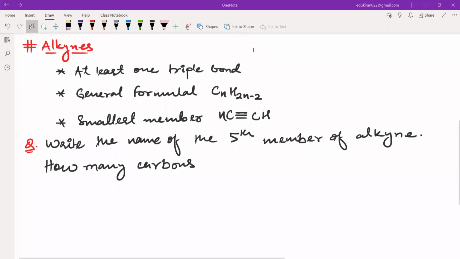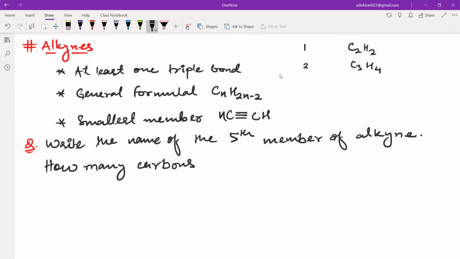Okay. Yes, Hiba now correct. Shravya, now you are correct. So see, the first member is C2H2. Second member is going to be C3H4, right?